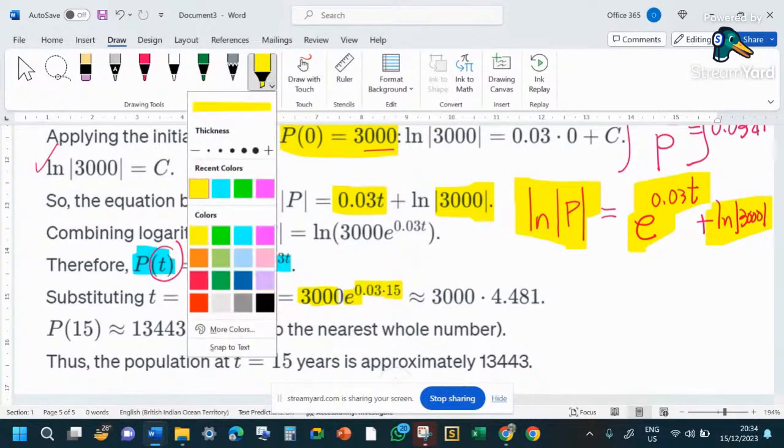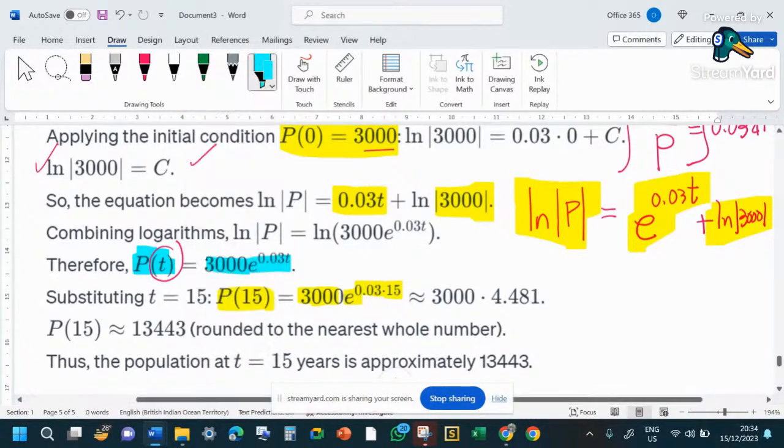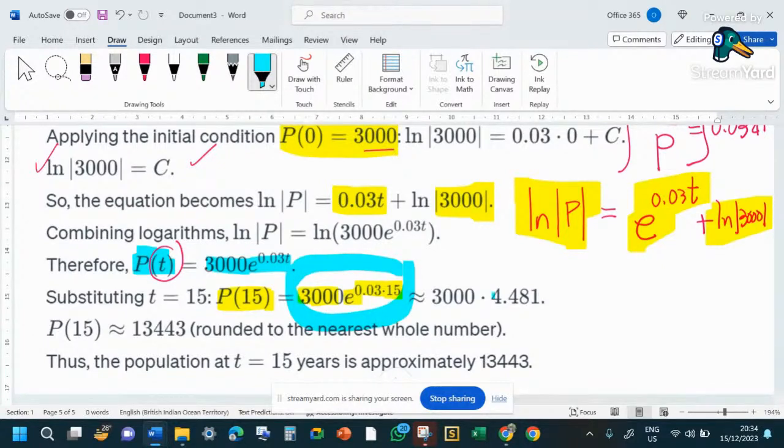This is calculator work again. So putting this in your calculator, you have 3,000 times 4.481. This is the equivalent of e raised to 0.03 times 15. Then you will get a value rounded to the nearest whole number, that is 13,443.